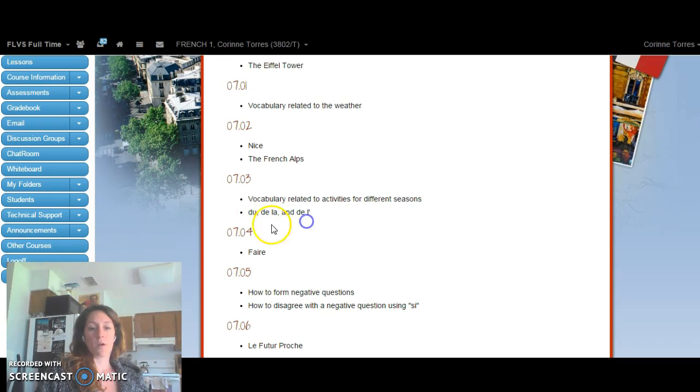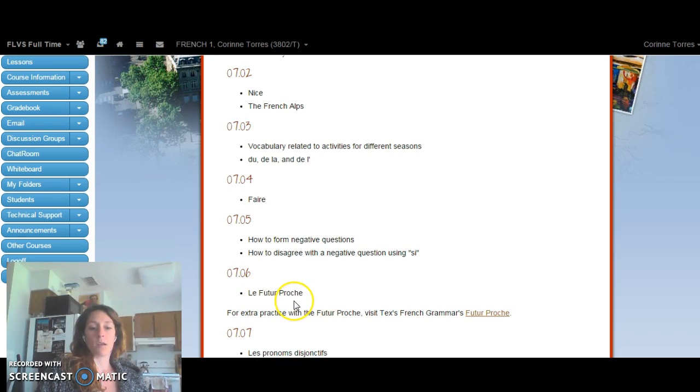You do have to make sure you know how we use de, du, de la, des, and de l'. You do also have to know a little bit about how to make sentences negative and how to create the near future, which is very important as well. So those are the main topics we'll talk about.